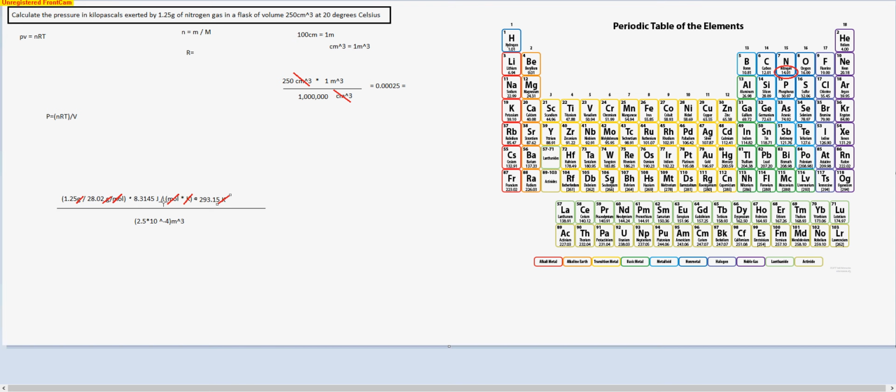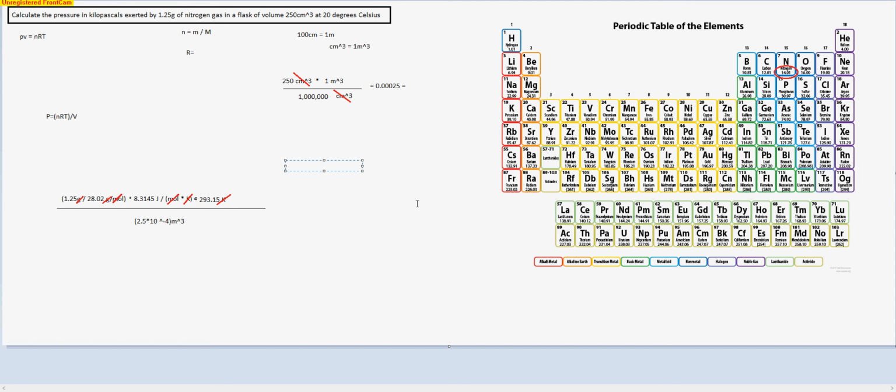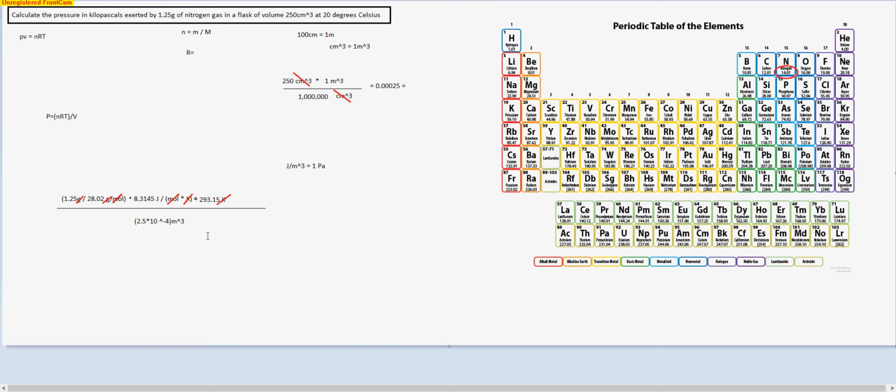And we're left with joules over meters cubed. And joules over meters cubed, that's the definition of a Pascal. I wish it wasn't red. Okay, so we're left with the right units.